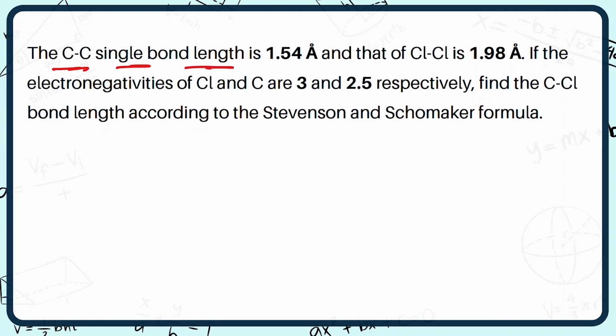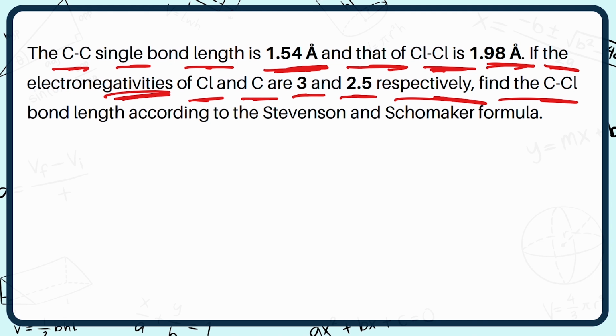The CC single bond length is 1.54 angstrom and that of ClCl is 1.98 angstrom. If the electronegativities of Cl and C are 3 and 2.5 respectively, find the CCl bond length according to the Stevenson and Shoemaker formula. Now here's the trick.